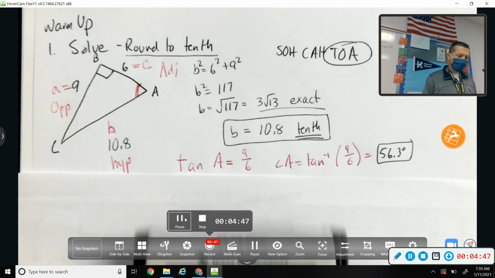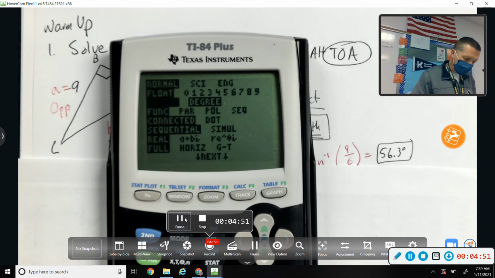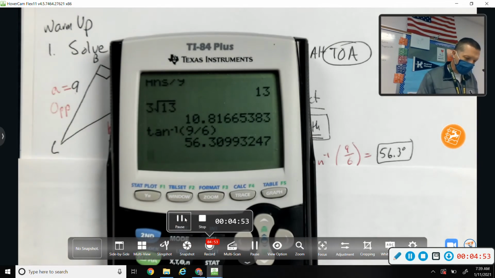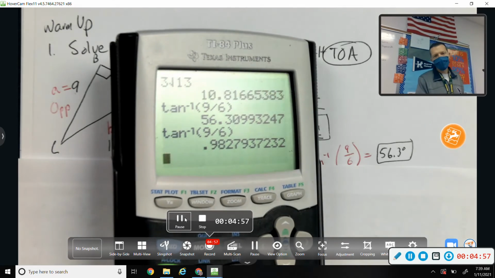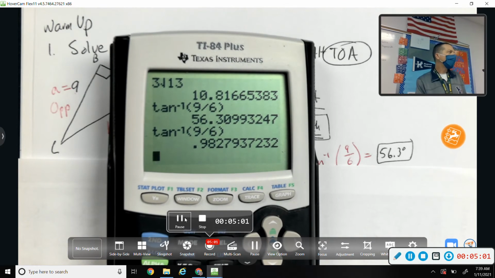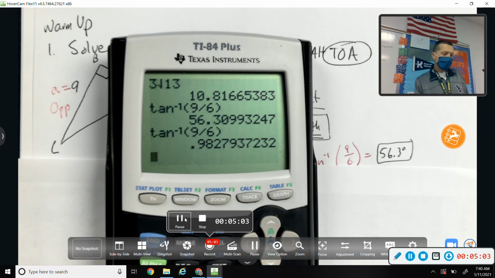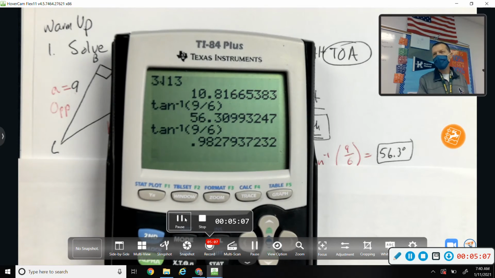Again, you've got to be in degrees to get that. But if you were in radians, you'd probably notice something funny about your answer, because 0.98 doesn't seem like a very reasonable answer for this problem. Not all the time, but some of the times if your degrees and radians is messed up, you'll catch it if you're paying attention.